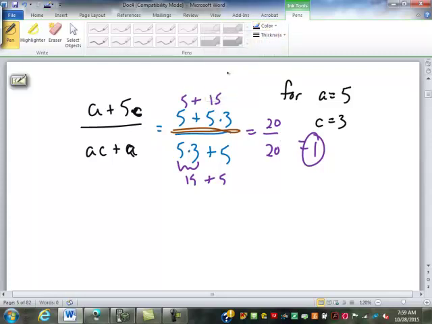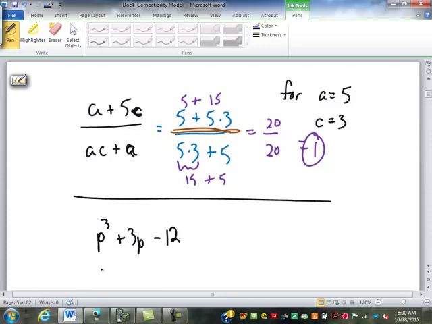Or we can get into something a little bit uglier, like p to the third plus 3p minus 12 over m squared plus 15, for m equals 5 and p equals 4.